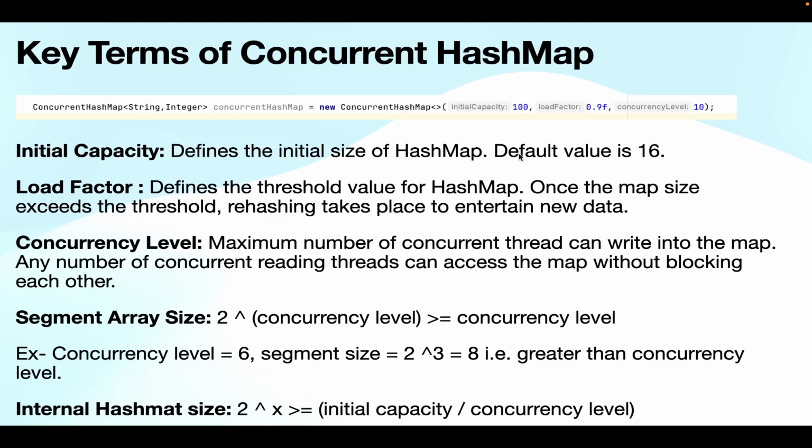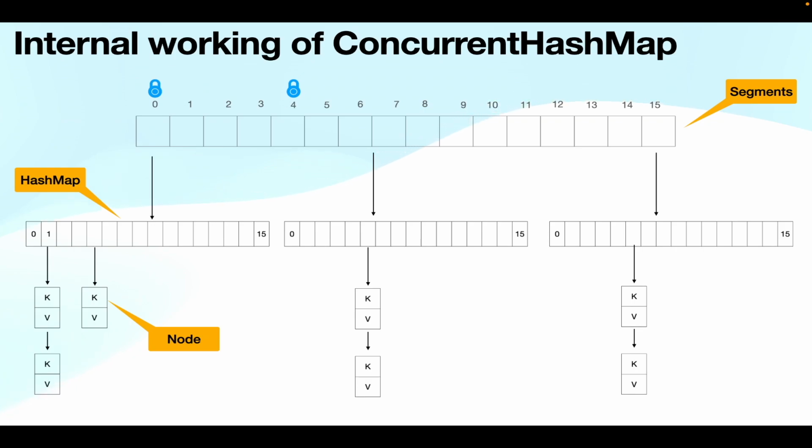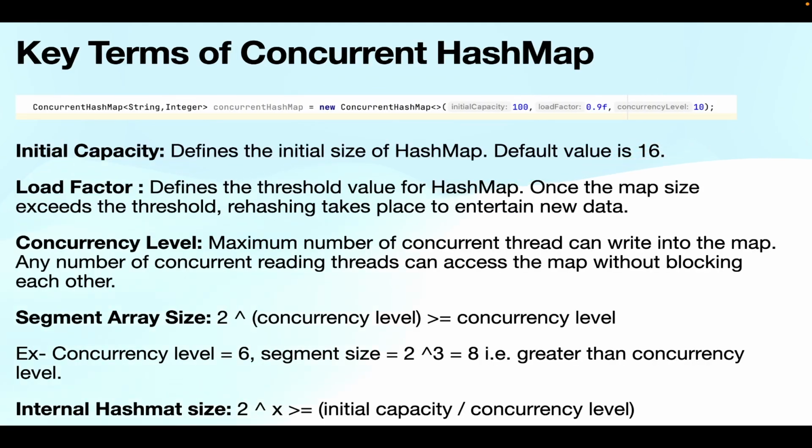What's next? Next is the segment array size. Whatever segments we discussed in the internal architecture, here we have segments. So what would be the size of the segments? The size of the segments should always be greater than or equal to the concurrency level. That's why this is the formula: 2 to the power x should be greater than or equal to the concurrency level. Guys, this is incorrect, please consider this as x.